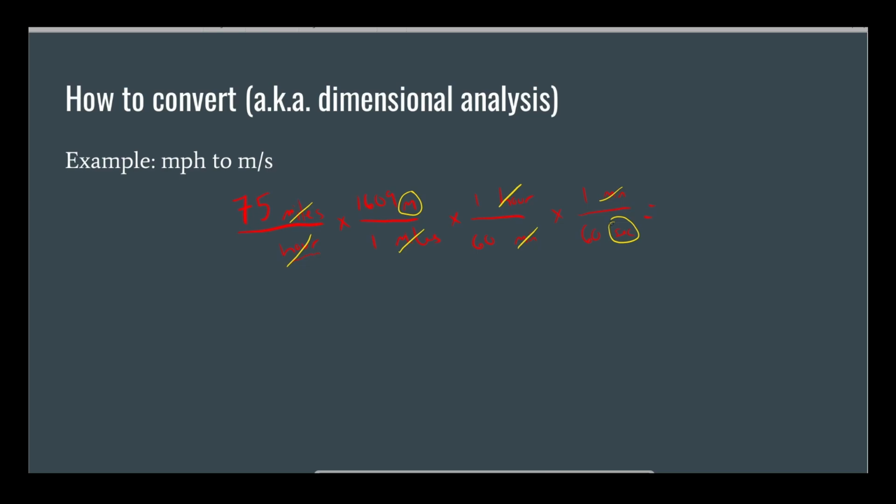So I have meters in the numerator, seconds in the denominator, and that's what my final answer is going to be in. If I did this math, this comes out to 33.5 meters per second. But really, I'd probably just write this as 34 meters per second if I'm trying to be consistent with my significant figures.